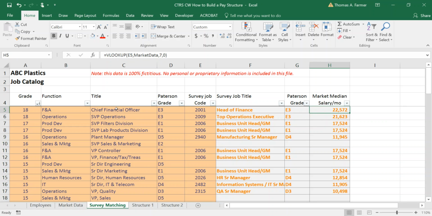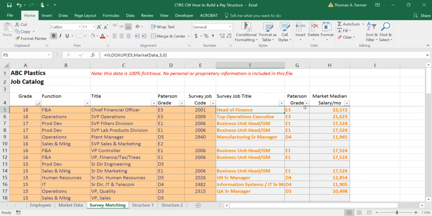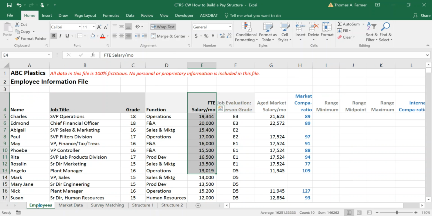Okay, over here you can see the chief financial officer is matched to head of finance. Here's the head of finance, job 2001. There's Patterson grade E3, and there's the aged data, which it's pulling in based on the formulas I've created. Okay, this is not teaching formulas, we're just teaching structure. But I wanted to explain my spreadsheet first. Let's build a structure, okay?